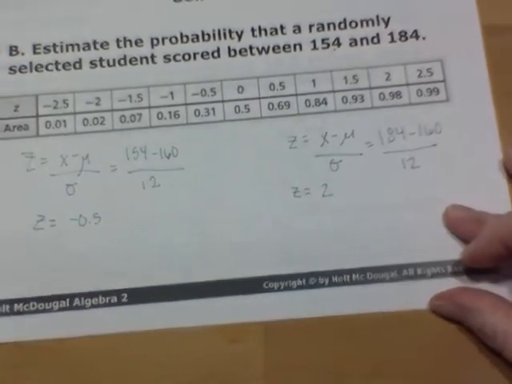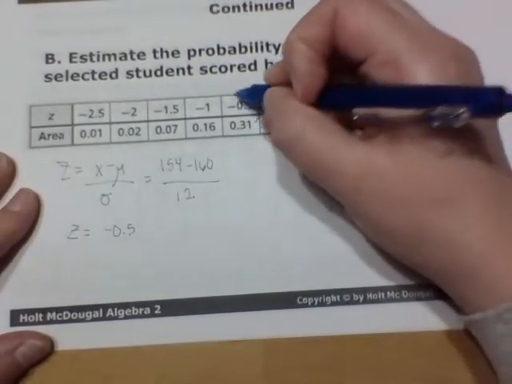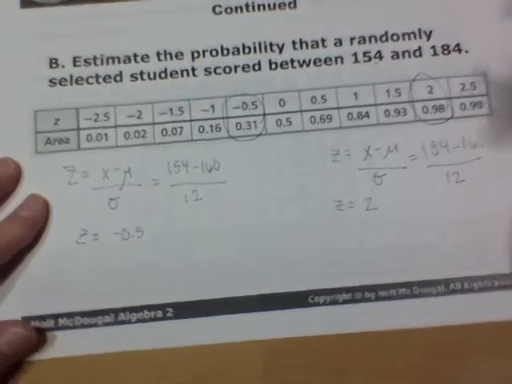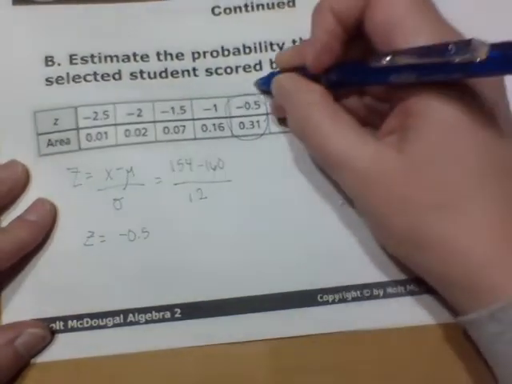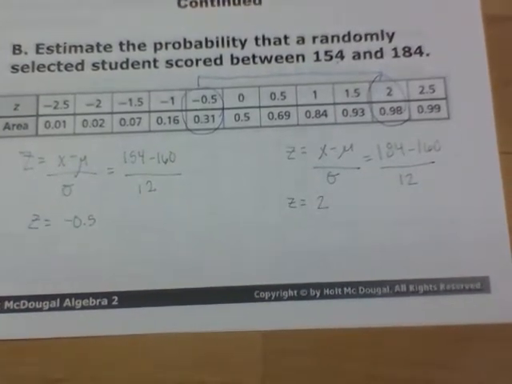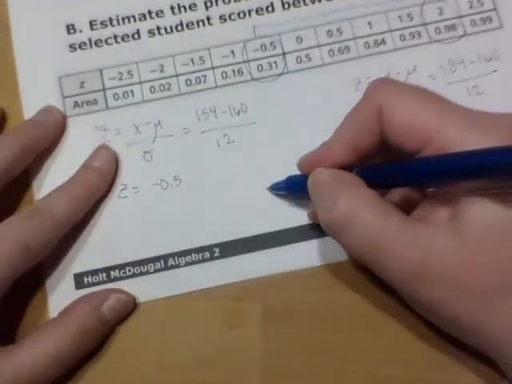And so when we look at our chart and we look at negative 0.5 and 2, we are talking about being between those two values. So what's the likelihood to be between 98% likely and 31% likely? We would just take them away from each other.